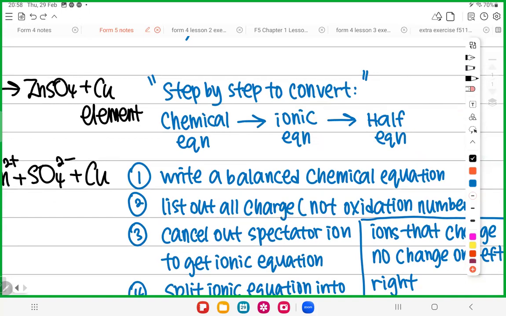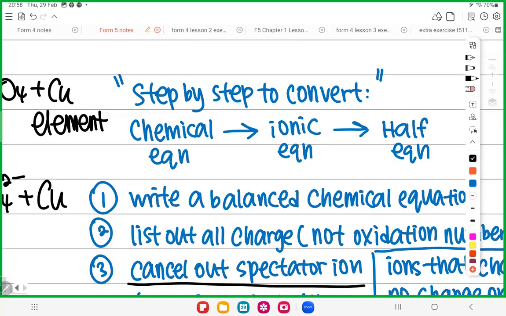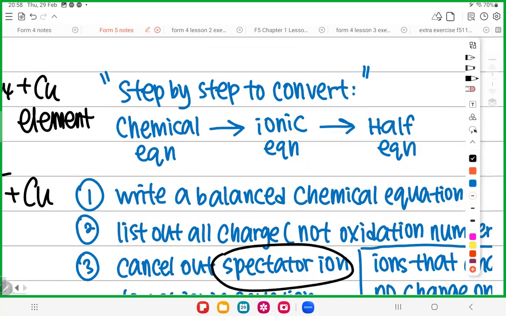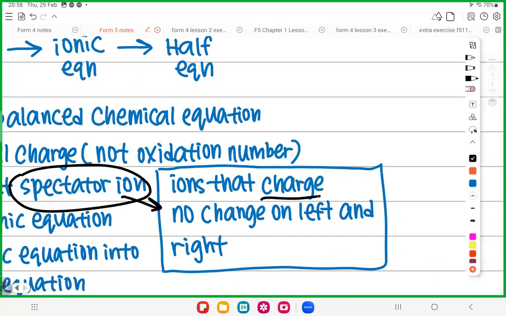So next one, you need to cancel out spectator ion. Okay, what is spectator ion? Spectator ion refers to the ion whose charge didn't change between the left and right hand side. The charge on the left hand side and the charge on the right hand side is the same. That is called spectator ion.